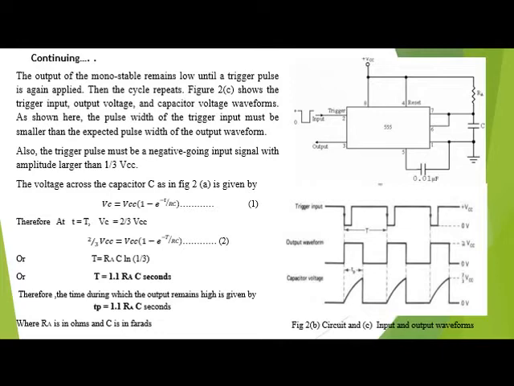The output of the monostable remains low until the trigger pulse is applied again.